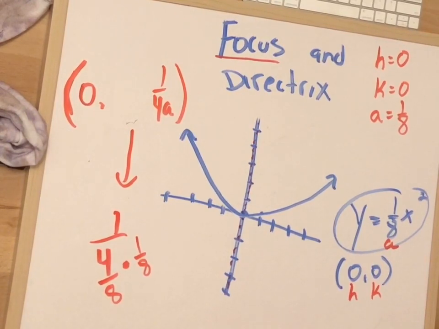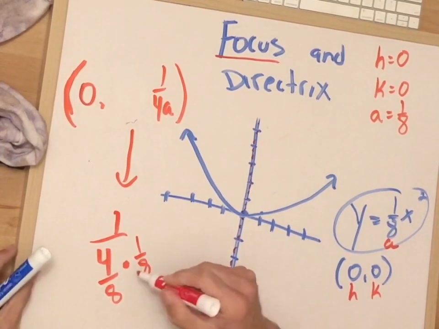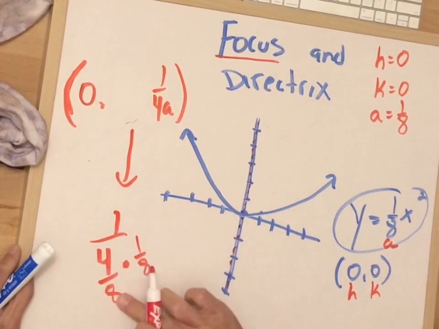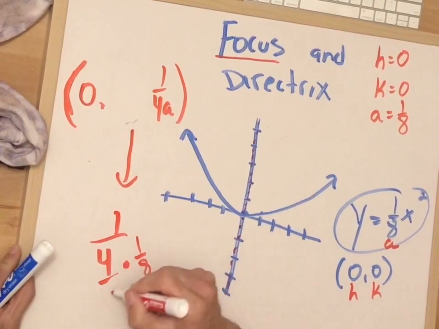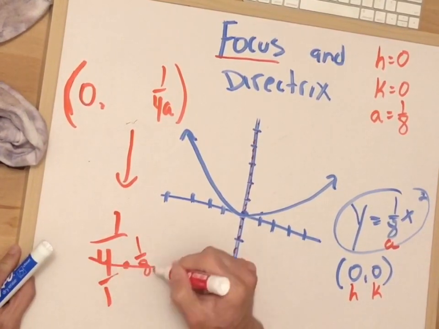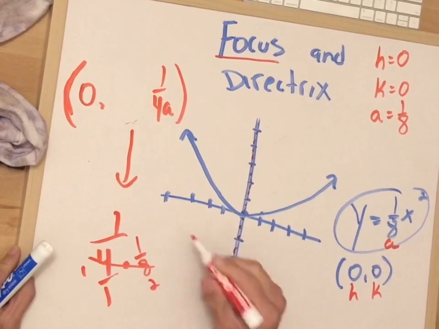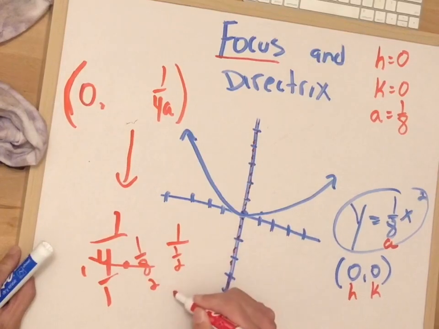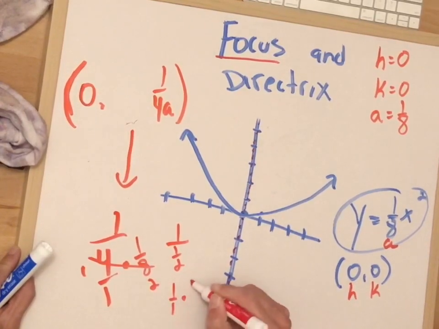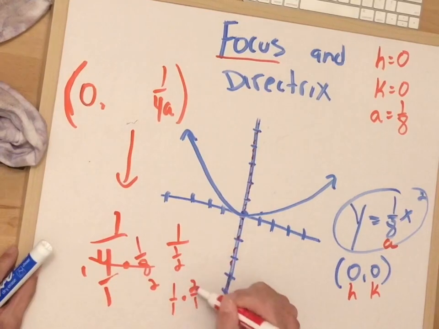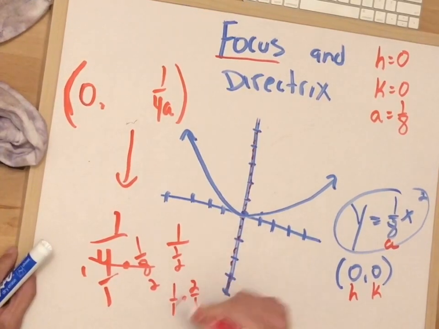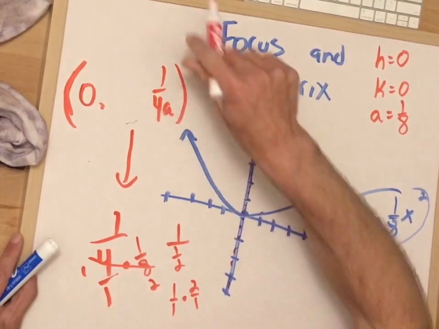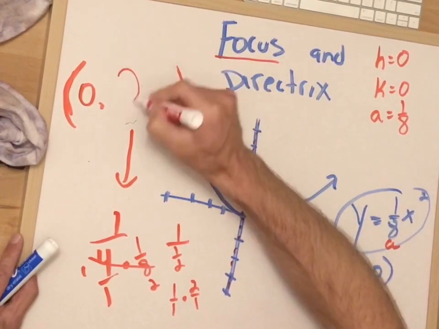So 4 over 1, I'm going to cross multiply, so I'm going to get 1 and 2. So this is going to give me a fraction of 1 over 1/2, which is the same as 1 times 2 over 1, because when you're dividing fractions, it's the same as multiplying by the reciprocal. This whole thing is going to give me 2, which I'm going to plug in. I'm going to replace 1 over 4a with 2.